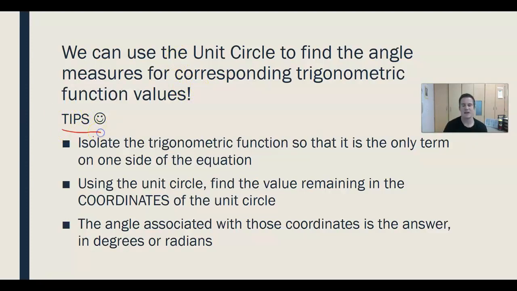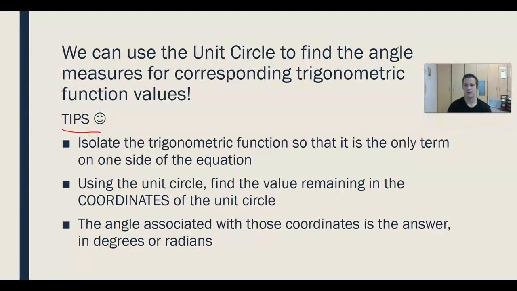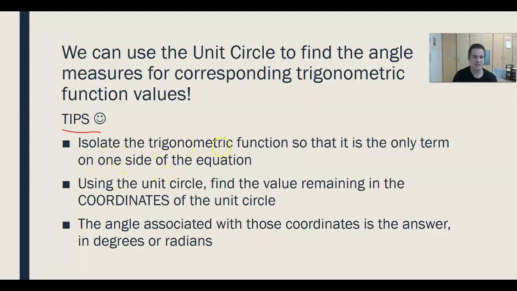So here are some tips, and I'll walk through each of these as we're solving these different types of problems. First, isolate the trigonometric function so that it is the only term on one side of the equation. If I have sine, cosine, or tangent of an angle, I need to have that by itself before I can do anything else.